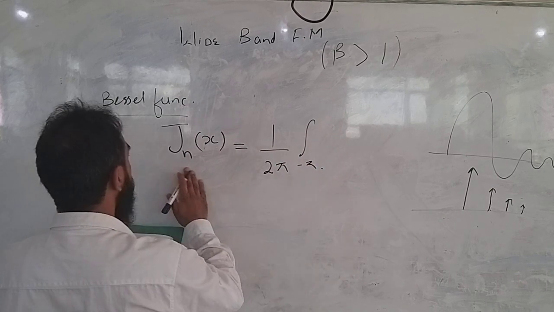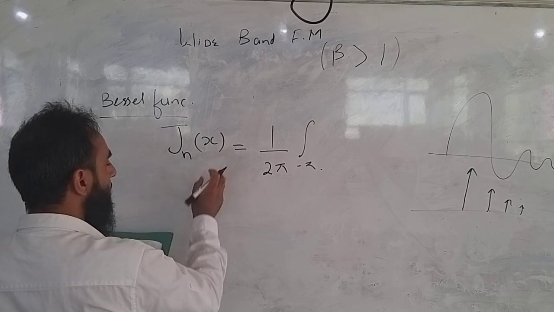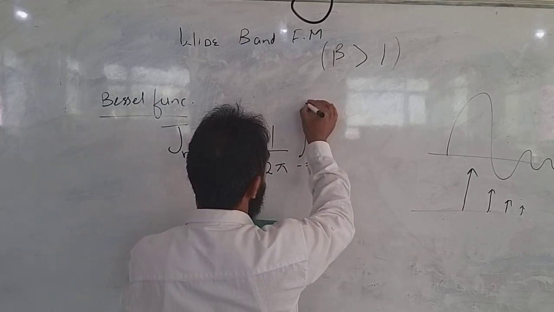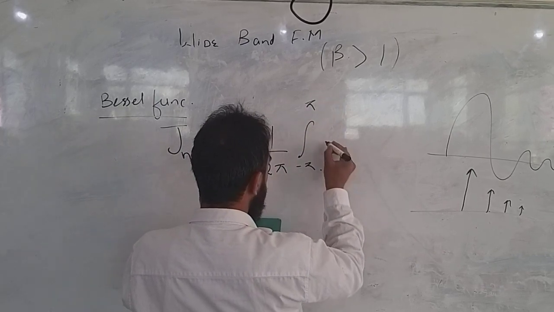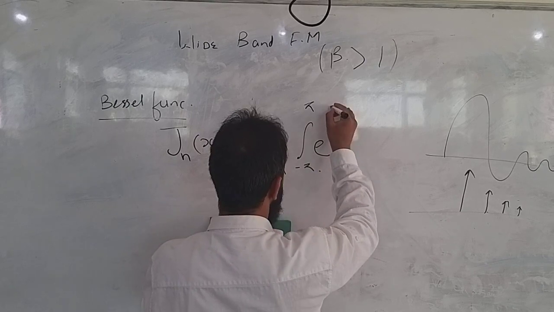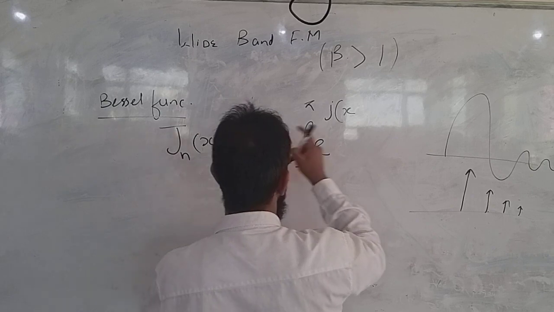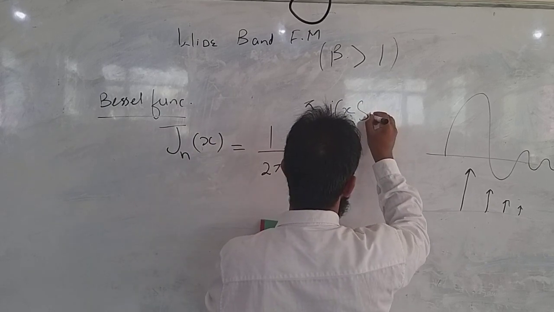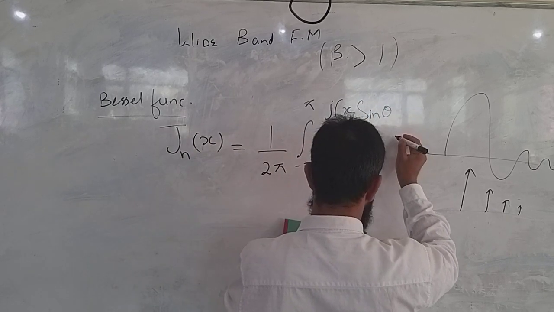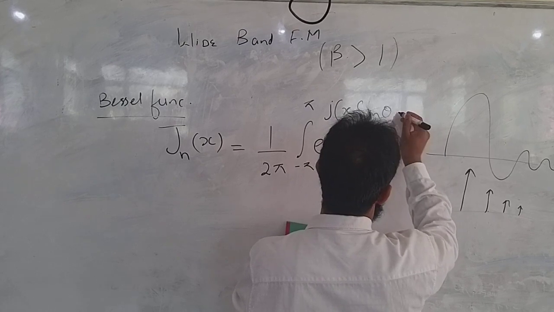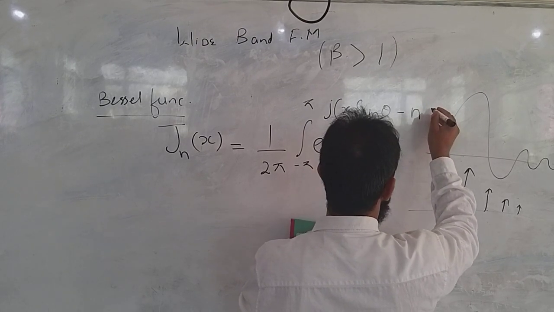So the expression for Bessel function is Jn of x, the coefficient of Bessel function, equal to 1 by 2 pi, integral from minus pi to pi of e raised to the power j, x, the same variable x over here, sine of theta minus n theta, d theta.